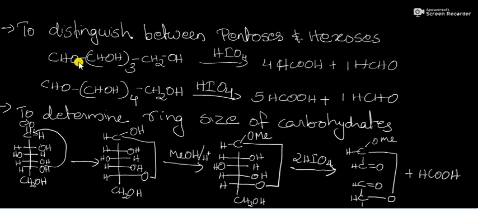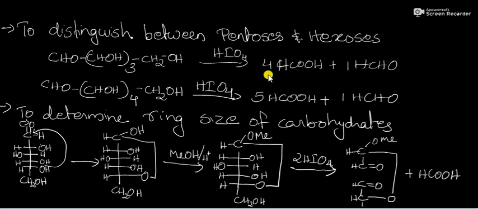first group is CHO, and all the other 3 groups are secondary alcohols. So all these functional groups will be converted into carboxylic acid, and the last one is our primary alcohol, it will be converted into aldehyde, HCHO.